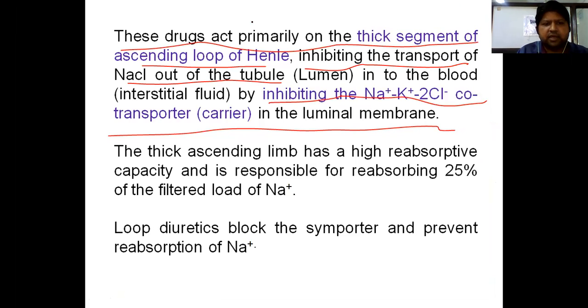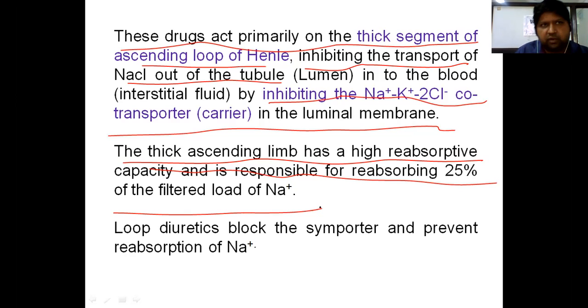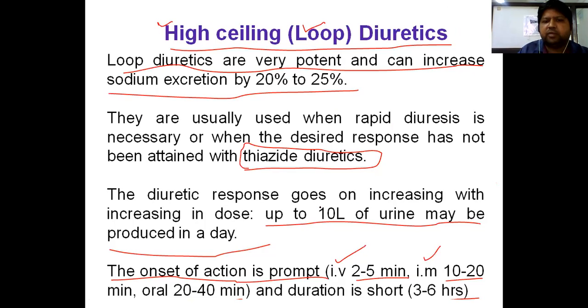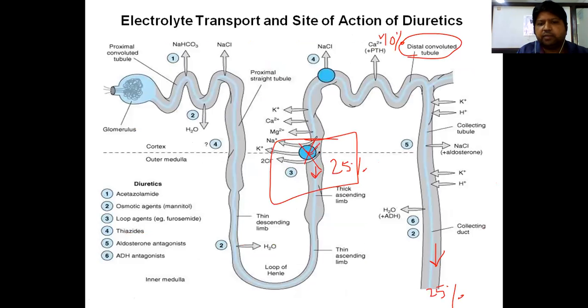Here you can see the thick ascending limb of the loop of Henle has a large reabsorptive capacity and is responsible for reabsorption of 25% of the filtered load. Whatever sodium is filtered, 25% of that will be reabsorbed here. The arrow mark indicates reabsorption.